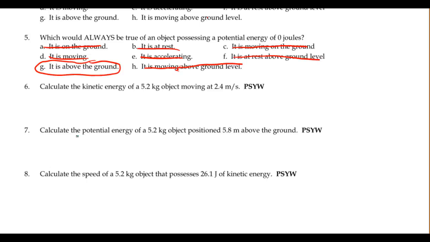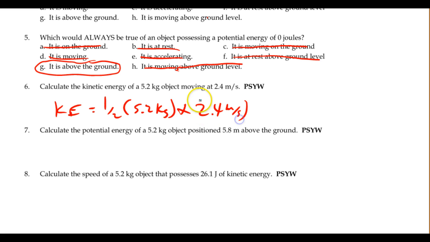Okay, a couple of quick calculations. Calculate the kinetic energy of a 5.2 kilogram object moving at 2.4 meters per second. KE is going to be 1/2 of 5.2 times 2.4 meters per second. Don't forget to square that. Now, kilograms times meters squared over seconds squared is going to give you joules, newton times a meter, a unit of energy.